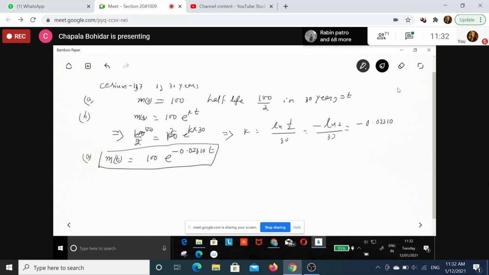So what is part B? How much of the sample remains after 100 years? M of 100 is equal to 100 e to the power minus 0.02310 into 100. How much is it, tell me?